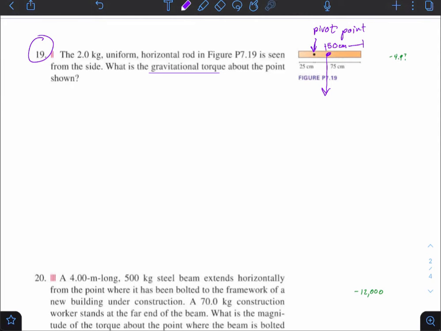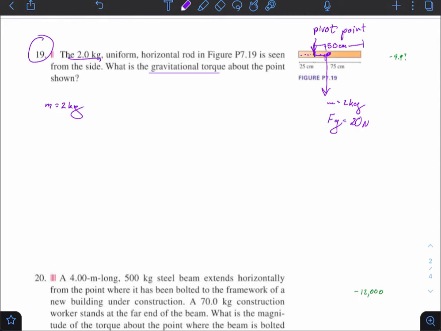Which means it's going to be 25 centimeters from the pivot point. And I'll draw that here. 25 centimeters, because 25 plus another 25 gets us to that halfway point. We know the mass is 2 kilograms, which means the force of gravity is going to be 20 newtons.